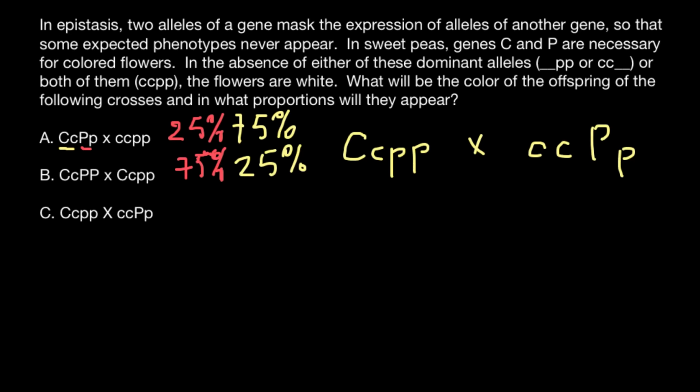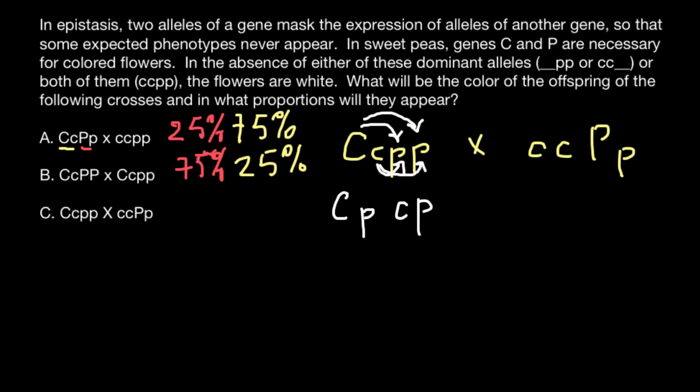So the first variant for the gametes for this parent would be capital C and small p, and the same here, so I wouldn't list it, and the second variant, small c, small p, and the same here, so I won't list it.